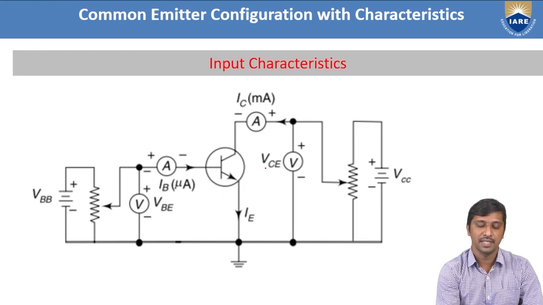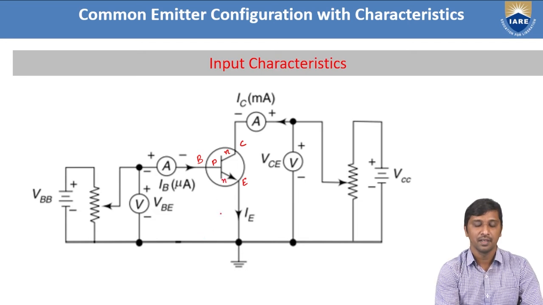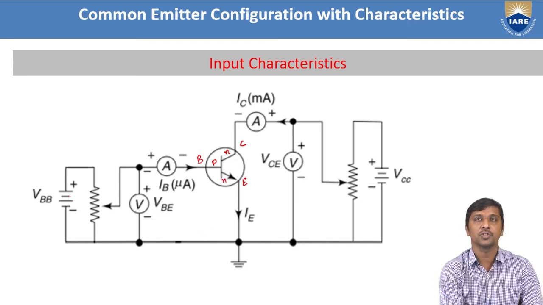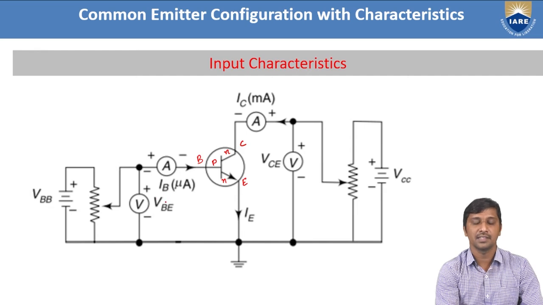Here I use an NPN transistor with the base, collector, and emitter. The collector is N-type material, the base is P-type, and the emitter is again N-type. So P is connected to the positive of the battery to make the emitter-base junction forward biased.